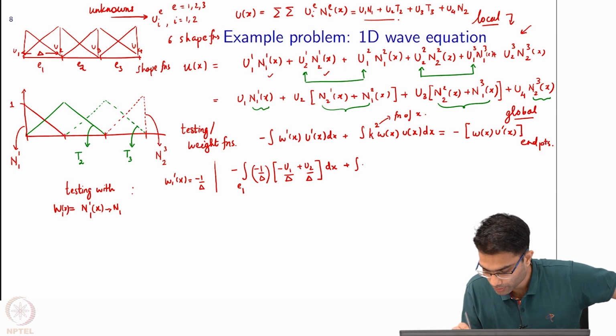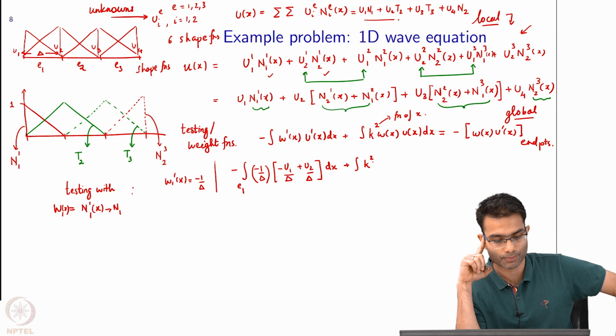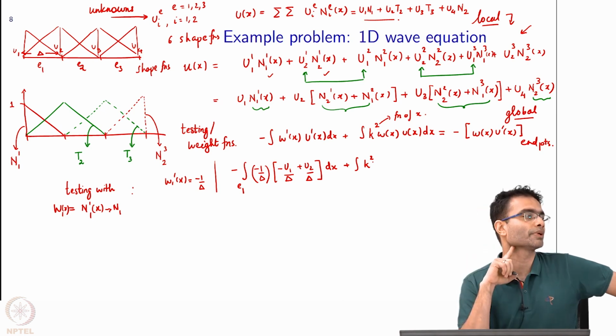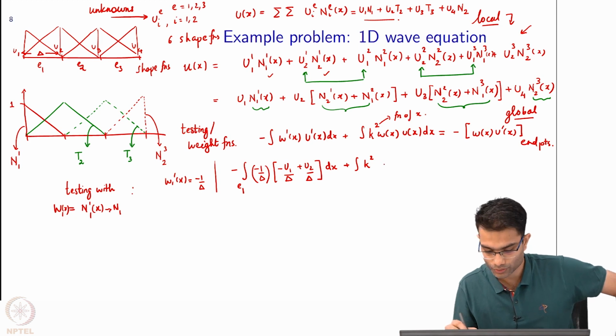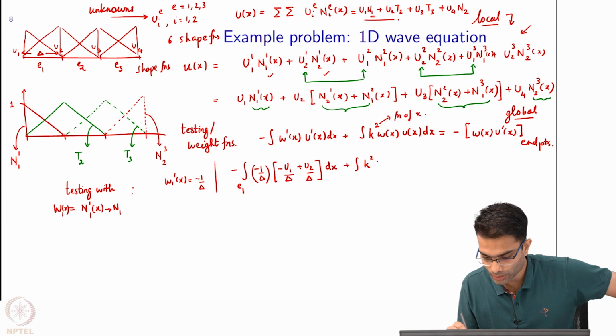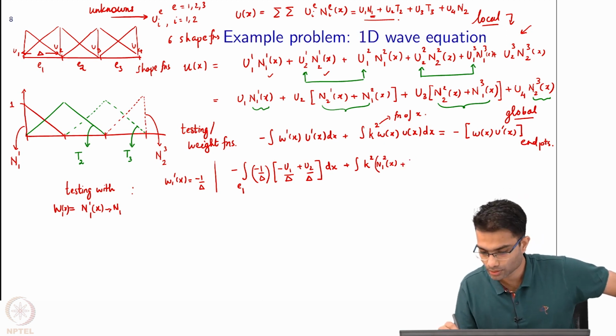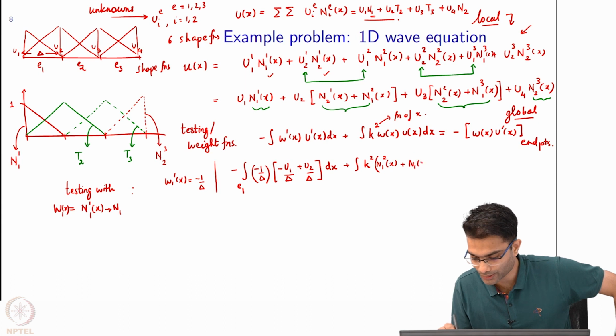Then I come here, k squared. Now I have wx multiplied by ux. So what is this going to be? wx is N1, right? So in this notation it's N1. Actually, I should write it a little bit more carefully over here.